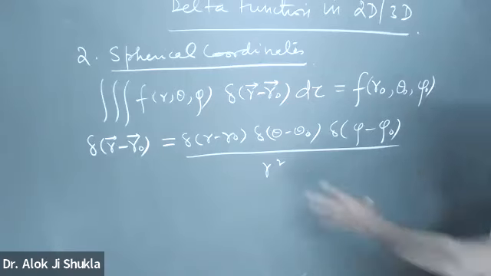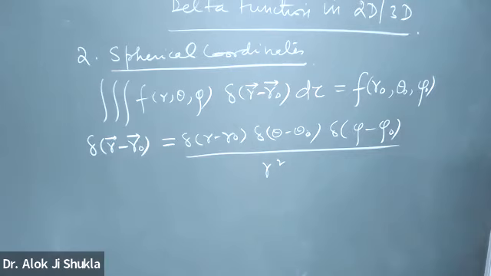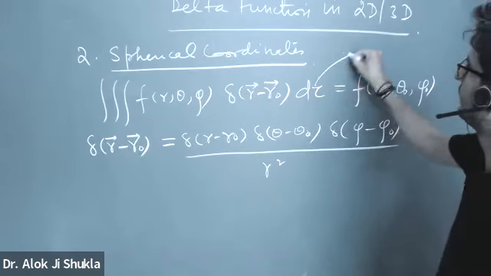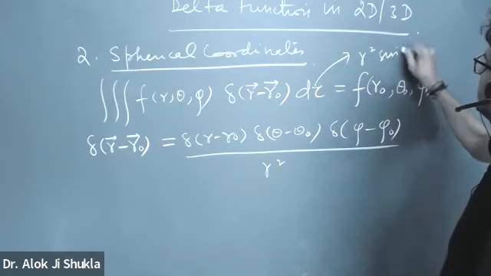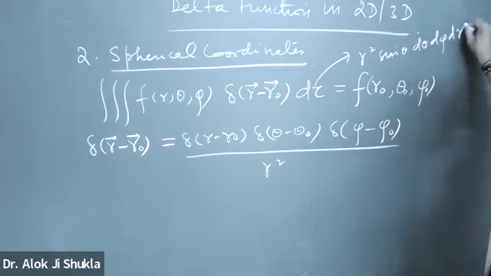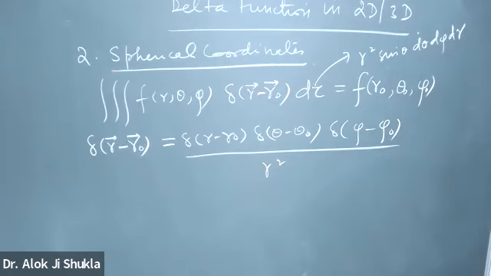Okay? We denote this in shortcut like this. So you see here r square, 4 pi r square will come, sin theta d theta d phi dr. Correct? Yes, sir.